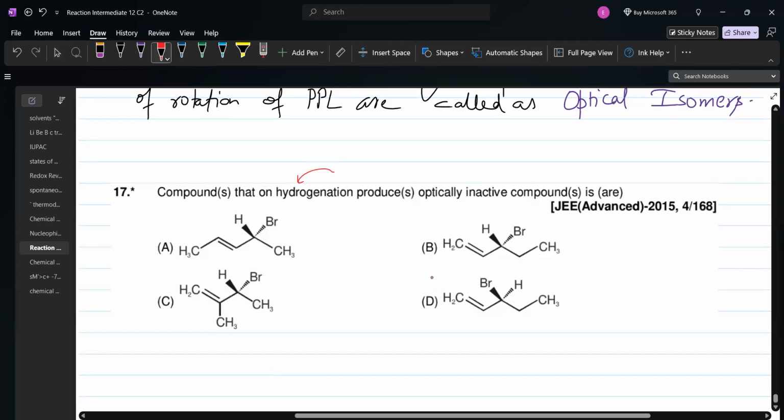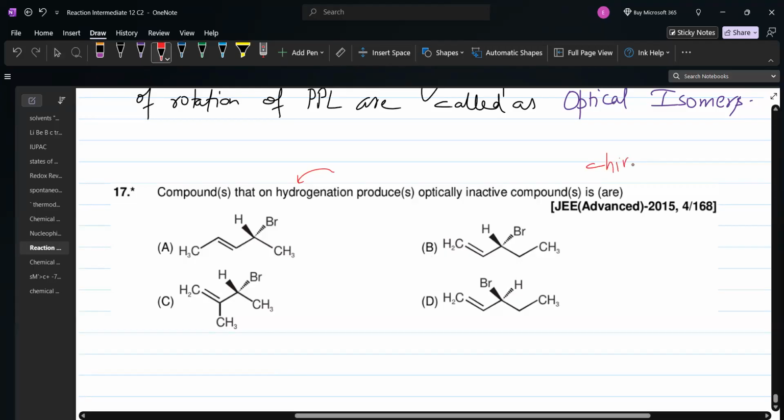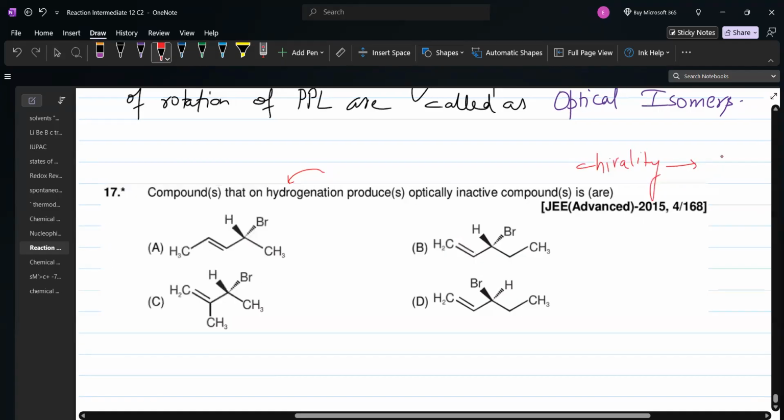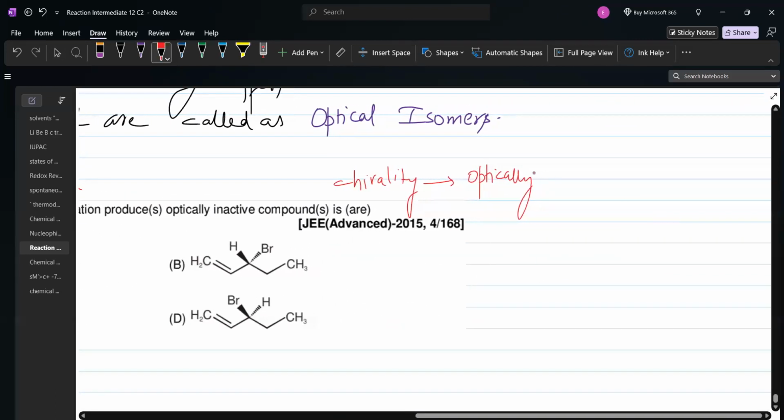And let me know, when you see a chiral carbon, you will directly comment that chirality is present. If chirality is present, they will be optically active compounds.